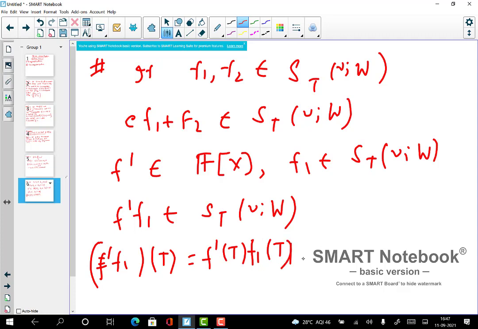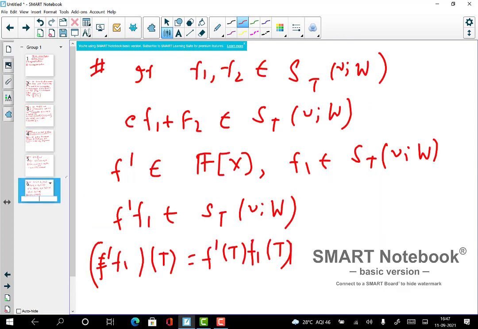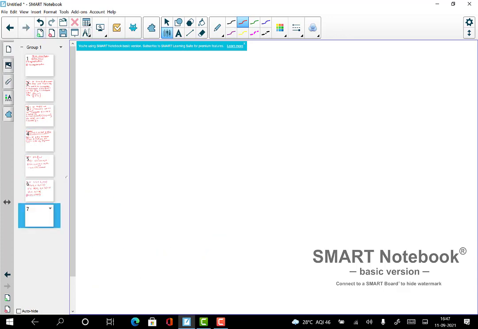So this will be an element of W. So this shows that what I claim is an ideal. So we can talk about the generator. This is very important. This S_T(v; W) is generated by a single element, because the polynomial algebra over a field is a principal ideal domain, and hence this will be generated by some g(x).